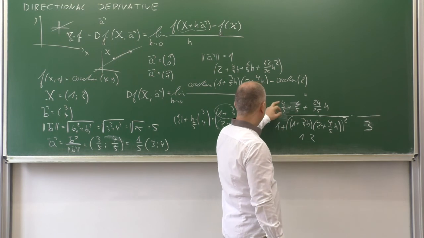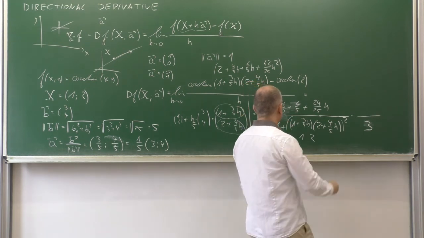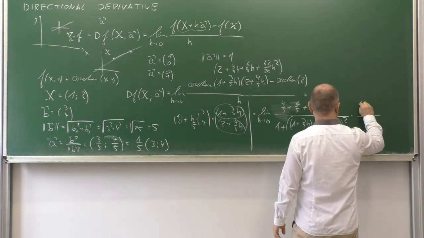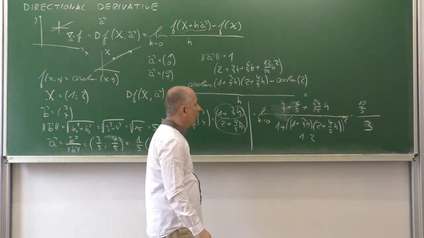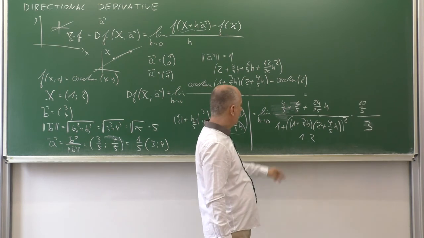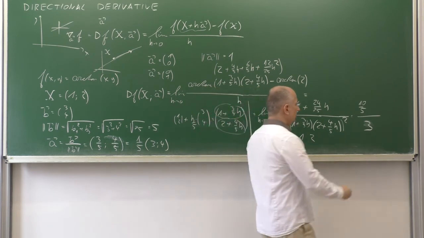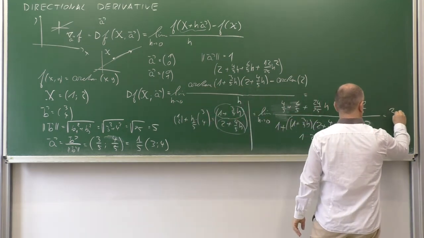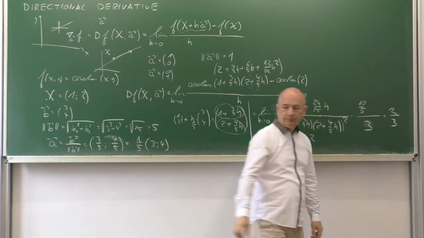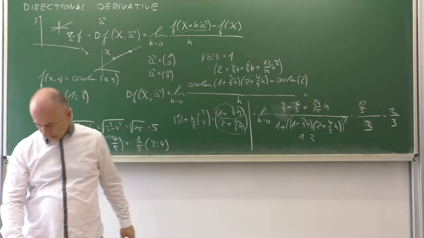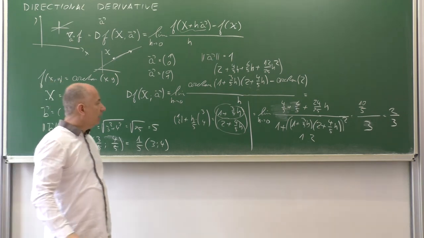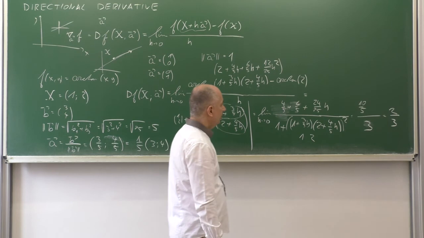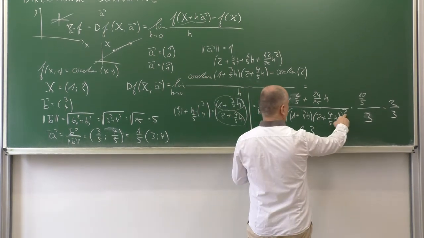And here we have 10 over 5, which is 2, so we have 2/3. Sorry, no. Well, I've forgotten this 2.